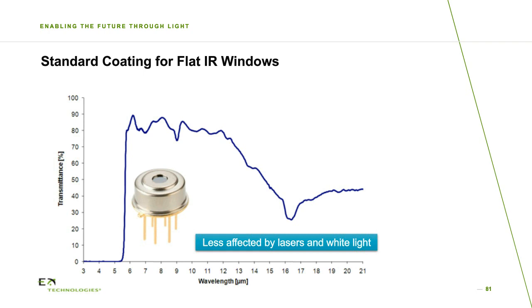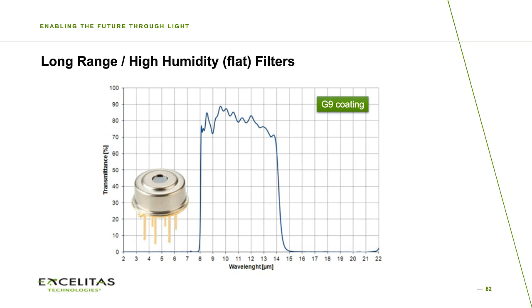I would also like to mention long-range temperature measurement and high humidity measurement. In such a case, you may use a so-called G9 filter. This G9 filter has a small transparency window between 8 and 40 micrometers.